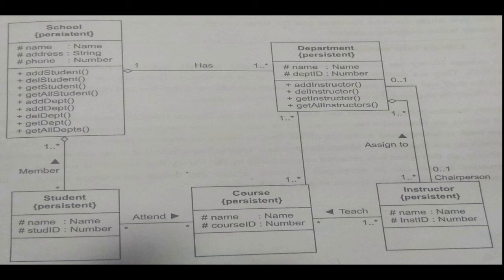Two of these classes, school and department, expose several operations for manipulating their parts. These operations are included because they are important to maintain data integrity. There are many other operations that you might consider for this and other classes, such as querying the prerequisites of a course before assigning a student.